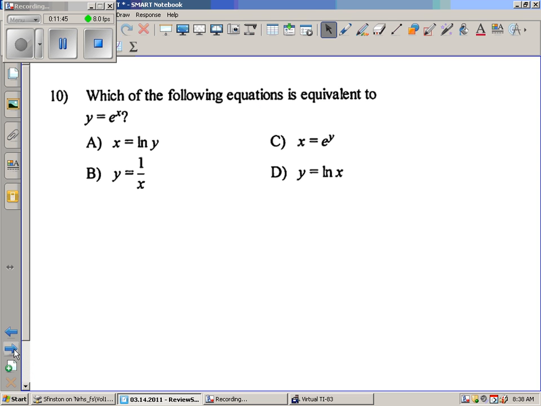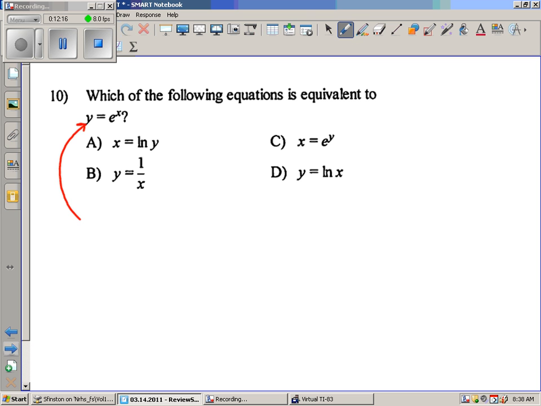Which of the following equations is equal to e to the x? If you wanted to reorganize that into logarithmic form, be very careful.